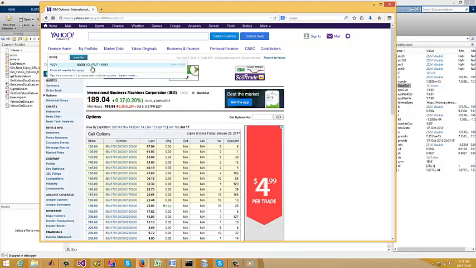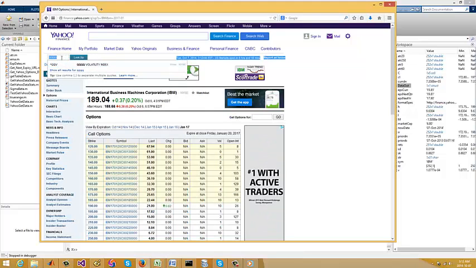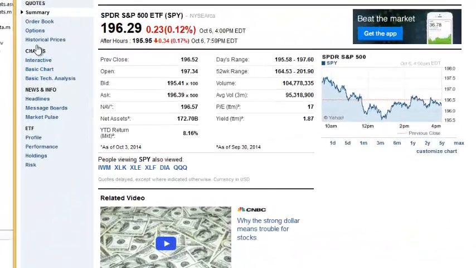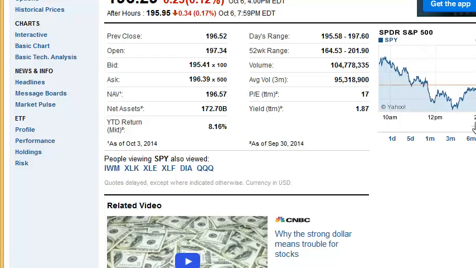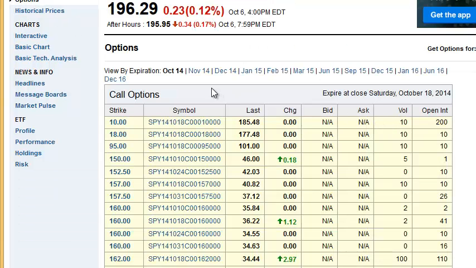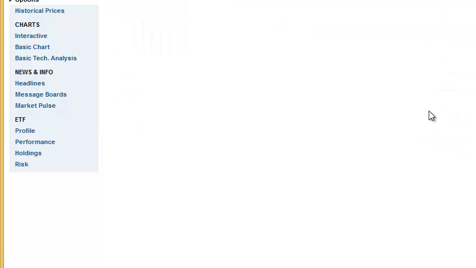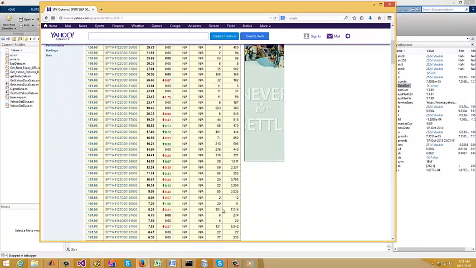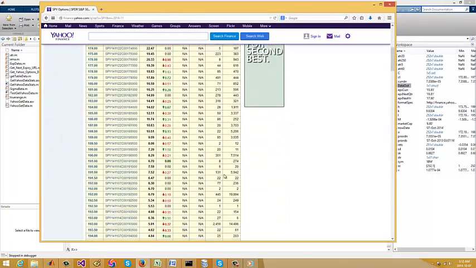QQQ? No, that might not be a good one. Let's just do SPY as usual. Options. Okay, so let's say December. You know why? The market's closed, that's probably why.